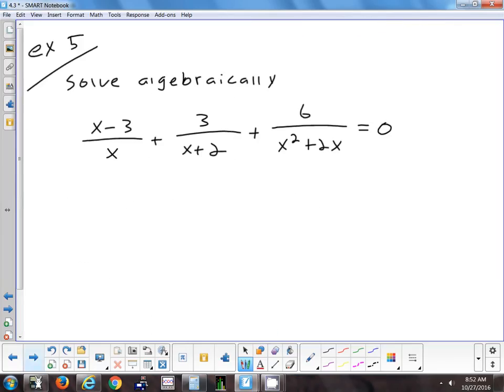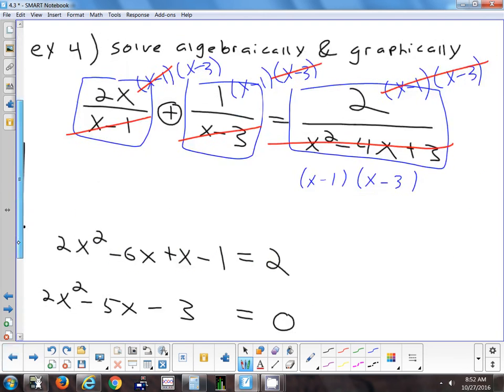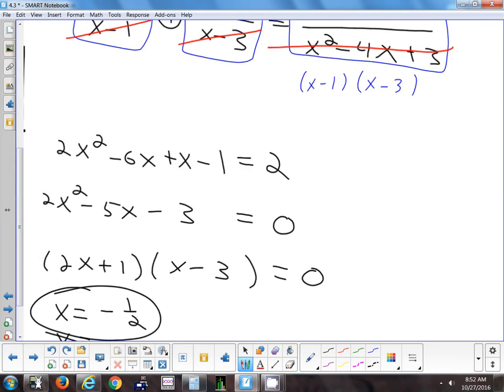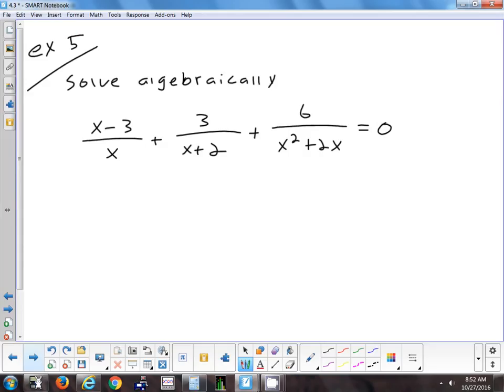All right, same type of problem. This time it's equal to 0. That's fine, because eventually I would probably move everything to one side anyway to get it equal to 0, so that already did that step for me. What would I have to multiply everything by here to cancel out all my denominators?